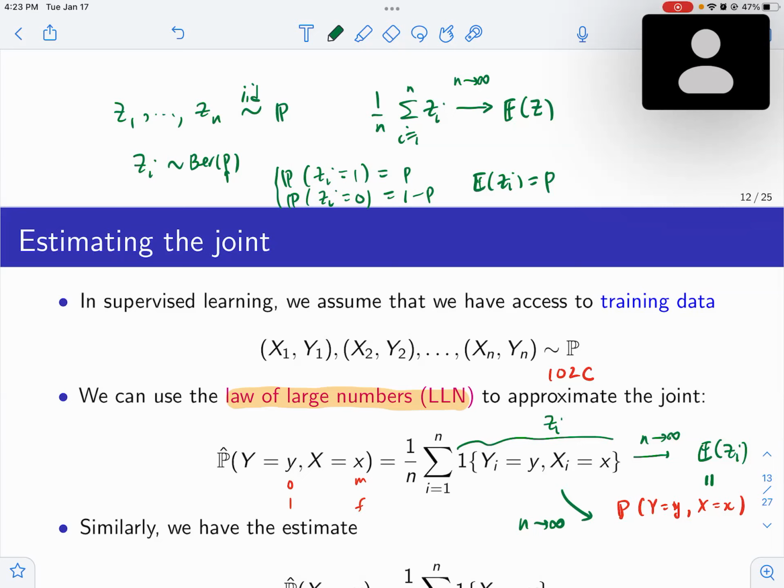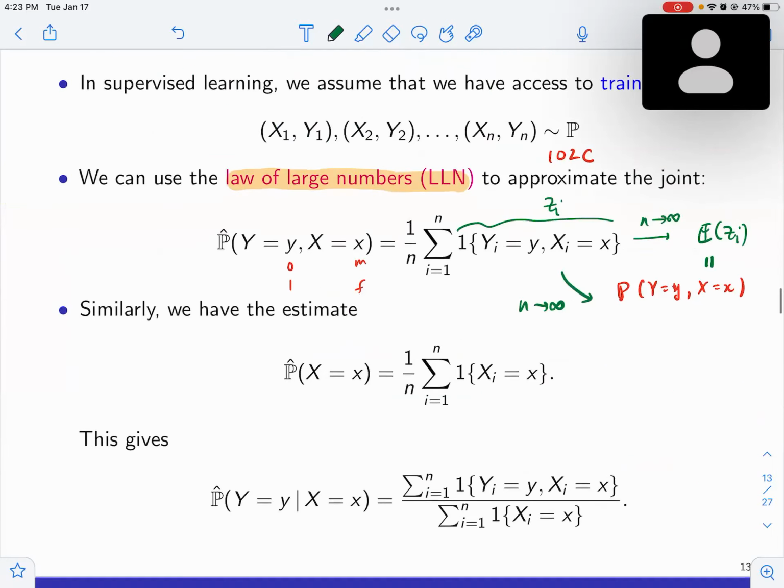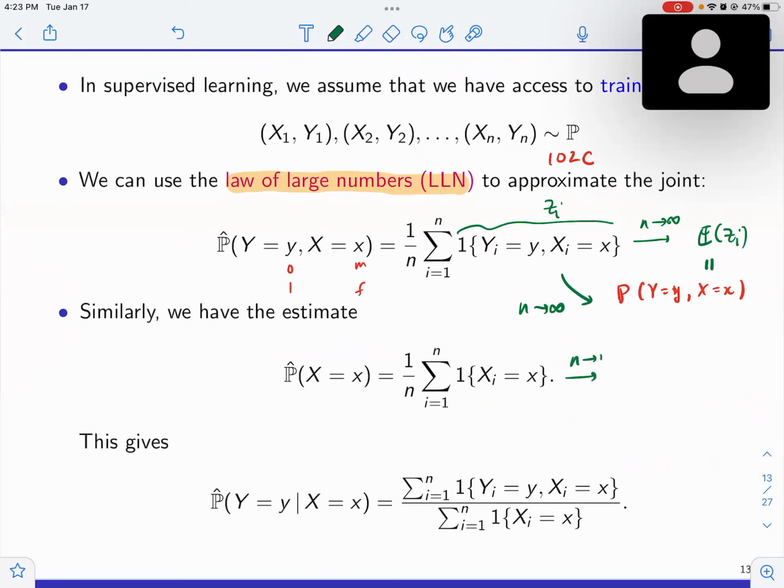Good. So this was not needed, but it's good to connect. So there's a little bit of theory that this estimator is a natural estimator based on the law of large numbers. Again, by the law of large numbers and the same argument, this is going to converge to P of X equal to x. Again, these indicator values converge to the expectation, which is just the probability.